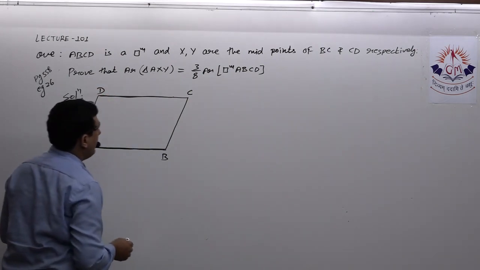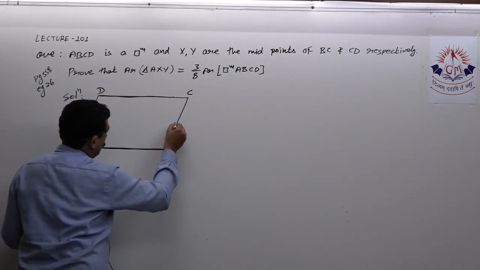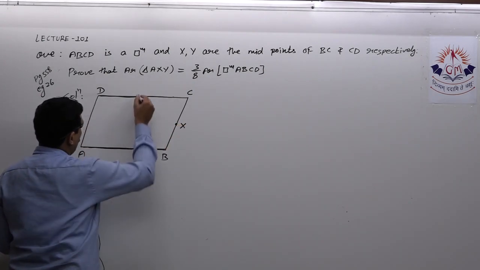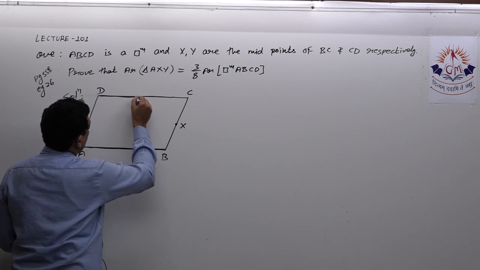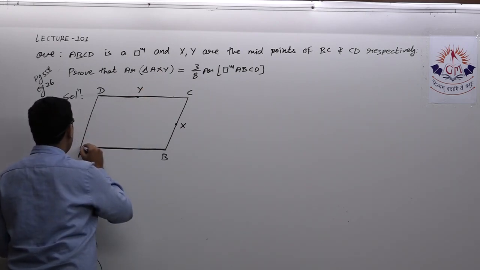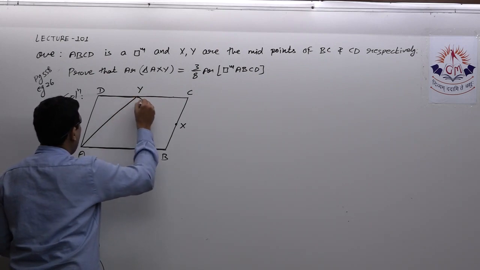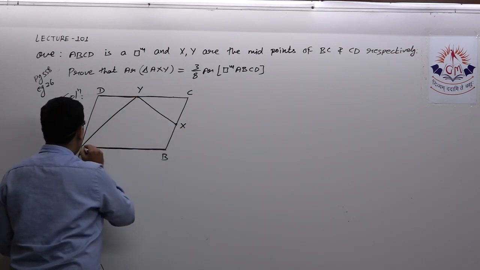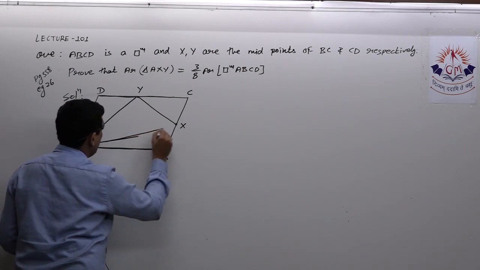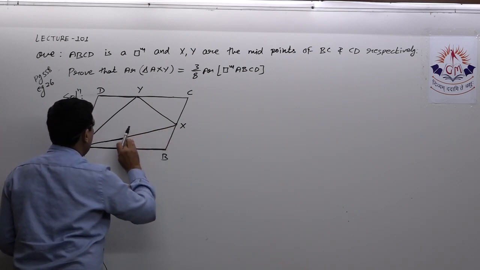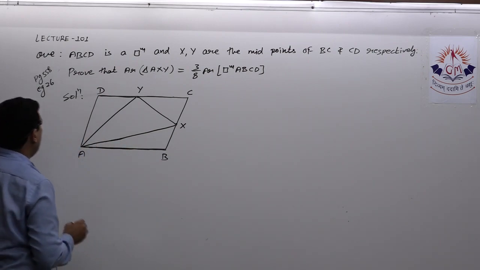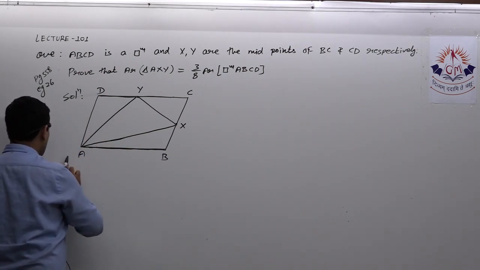X and Y are midpoints: X is the midpoint of BC and Y is the midpoint of CD. We have to prove area of triangle AXY is equal to 3/8 of area of parallelogram ABCD. So let us see how to prove this.